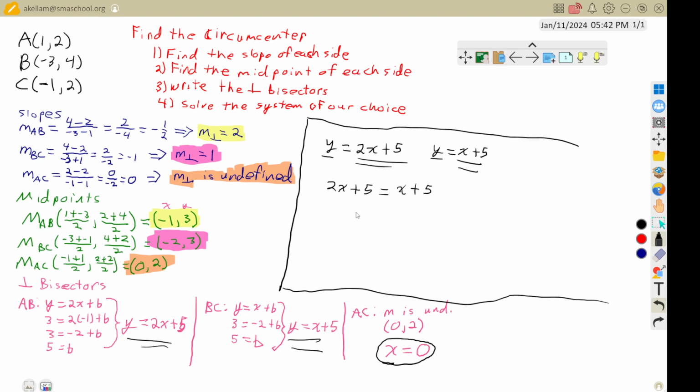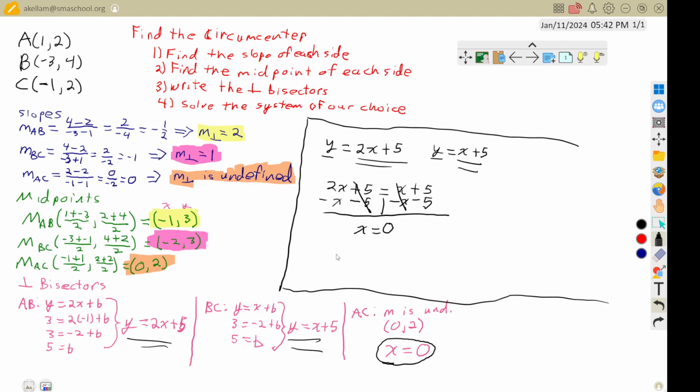And to solve the system, we're going to subtract 5 from both sides of my equation, and we're going to subtract x from both sides of my equation, and that's going to give us x equals 5 minus 5 is 0, which we already knew we would get. Cool, we have x equals 0.